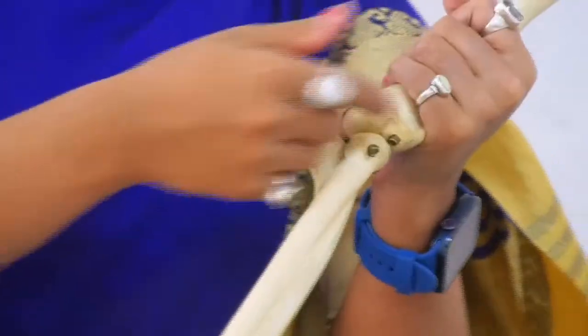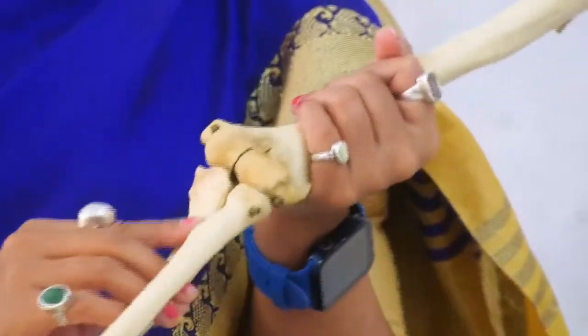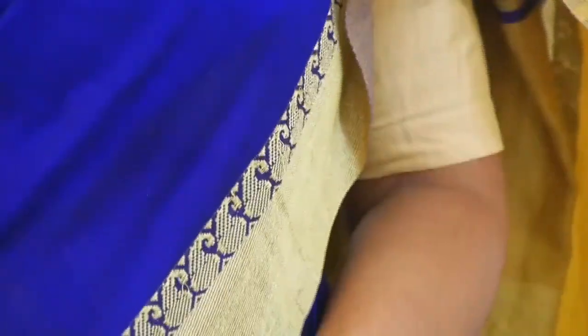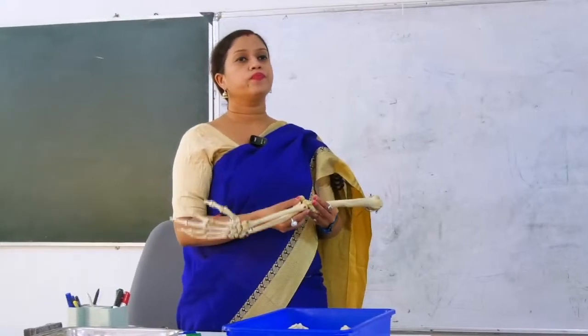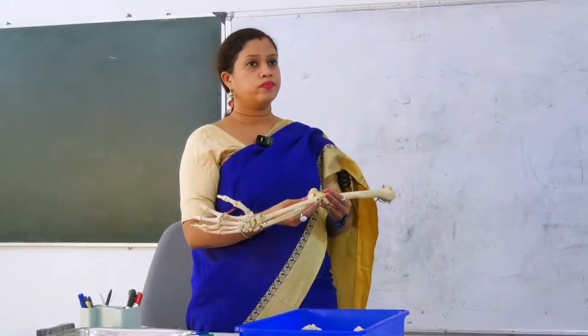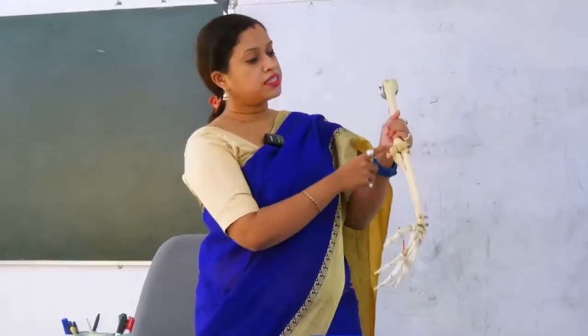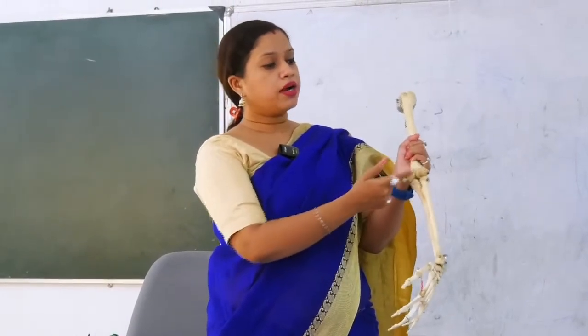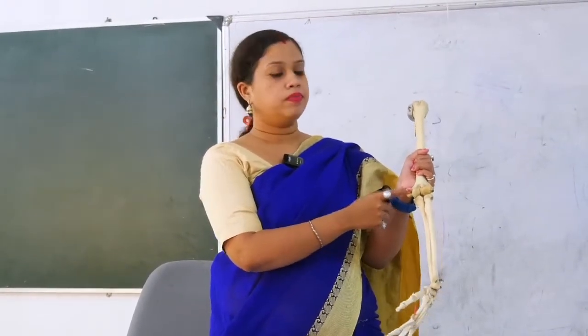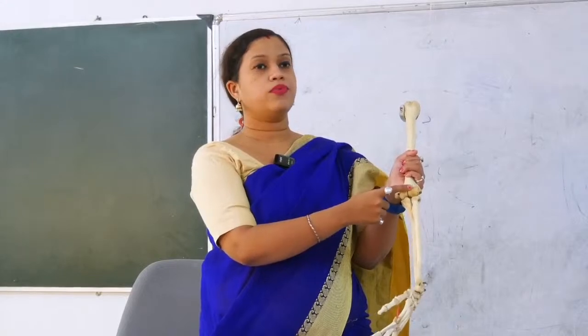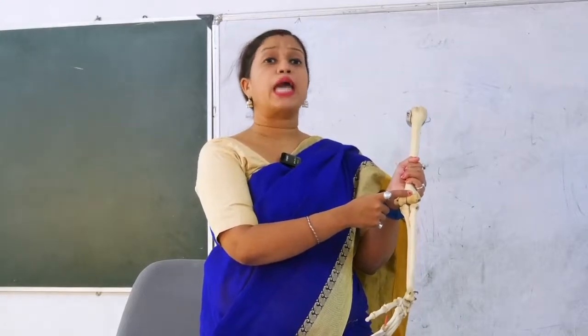Whereas on the lateral side there is another thing, known as the coronoid process. So where will it attach? What is this part of the humerus, the lower part? And this one, what is this? This is the capitulum.